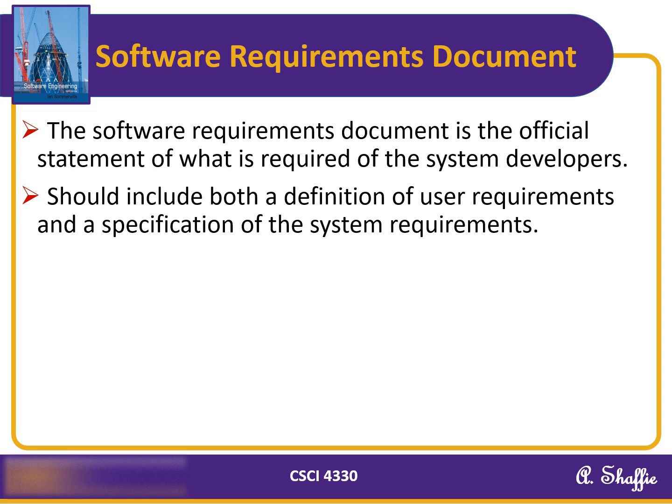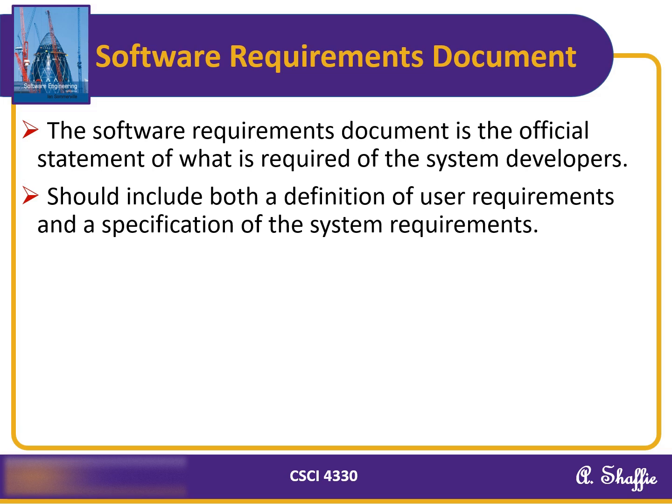Again, it is not a design document, it's an analysis document. So, as far as possible, it should set out what the system should do rather than how it should do it. I will focus on what the system should do, not how the system will do it.